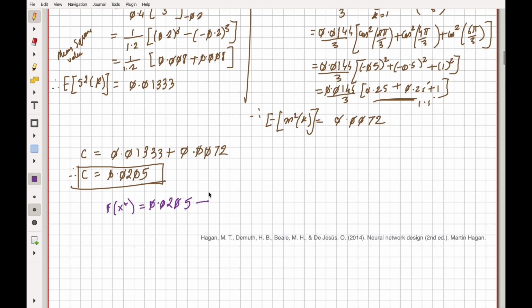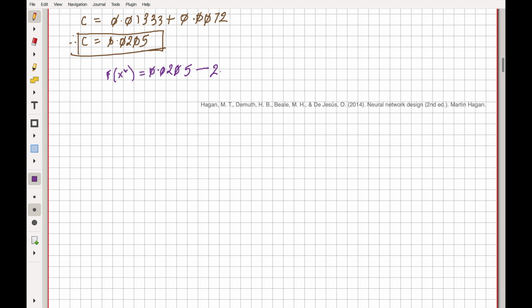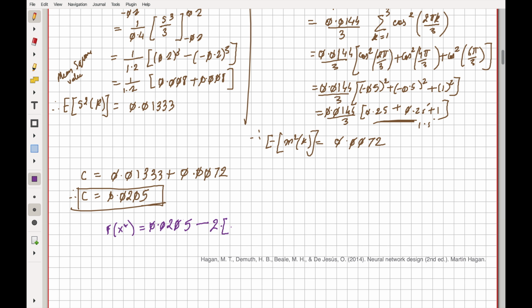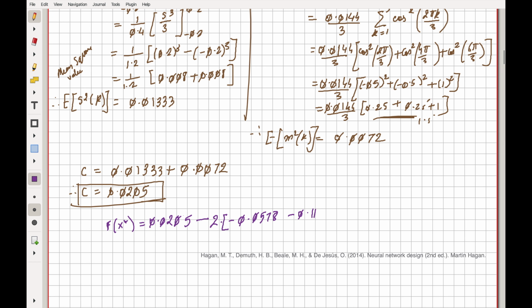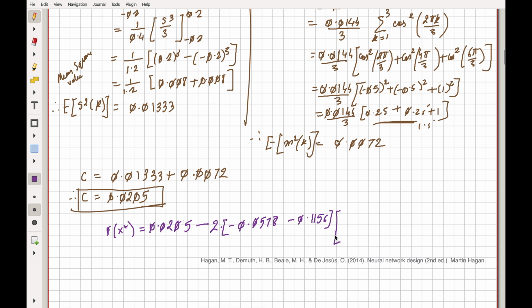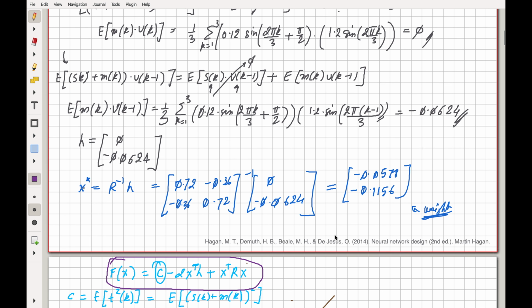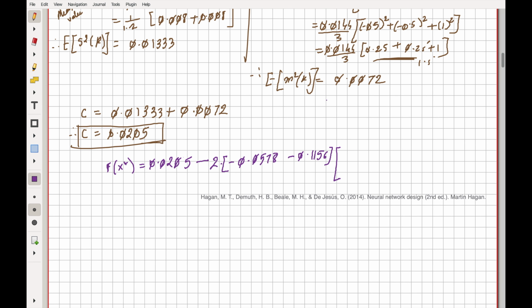We have minus 2, so minus 2, and then we have x transpose values, which are minus 0.0578, minus 0.0578, minus 0.1156, minus 0.1156, and the value for H we just found out, which was 0 and minus 0.624. So this is 0 and minus 0.624.